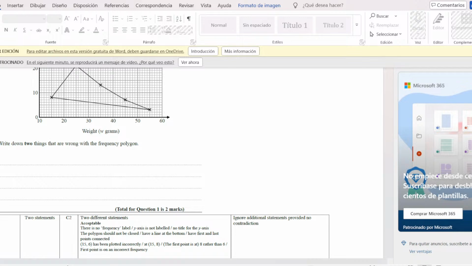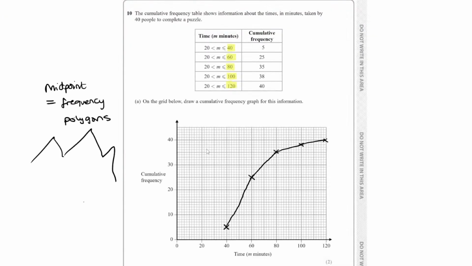I don't know if other exam boards might say something different, but in Edexcel they're saying that you shouldn't join up a frequency polygon, okay? It looks like it's about 2 marks for drawing it. Might have other questions related, but in terms of drawing it, it looks to be about 2 marks.